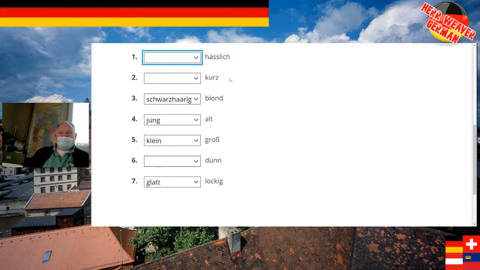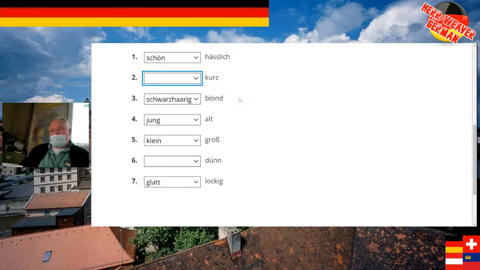Let's try hässlich. What's hässlich? Schön, because hässlich means ugly. Schön is beautiful. All right, now we narrowed it down. Kurz und lang. So kurz means short and long.